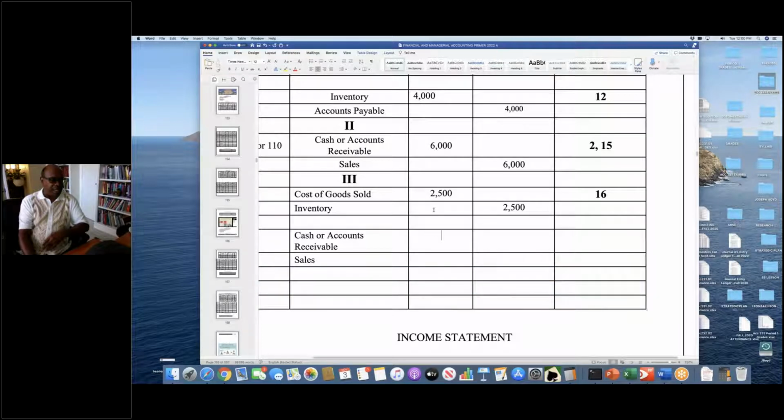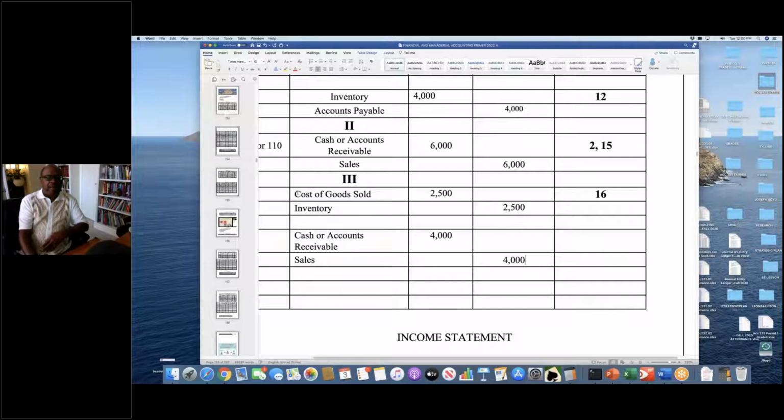Debit cash for how much? 4,000. So we're just taking care of the sales entry first. We sold another 100 pairs of shoes. Debiting cash for 4,000. We're crediting sales for 4,000.